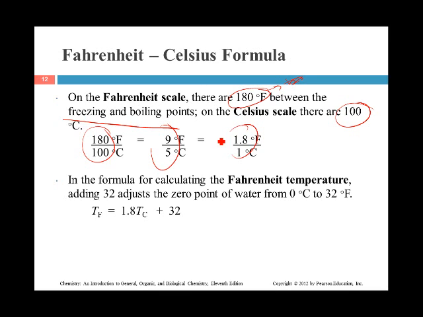It's easier to reduce it down to a decimal rather than keep it in a fraction. People get confused with the fraction when it comes to the actual calculation. So it's easier just to keep it as 1.8, and then plus 32. Water freezes at 0 Celsius but 32 Fahrenheit. So even though we have this big difference of 180 versus 100, we have to add another 32 to it.